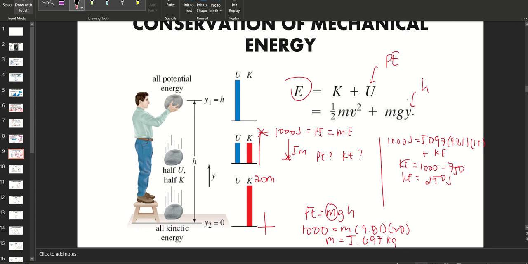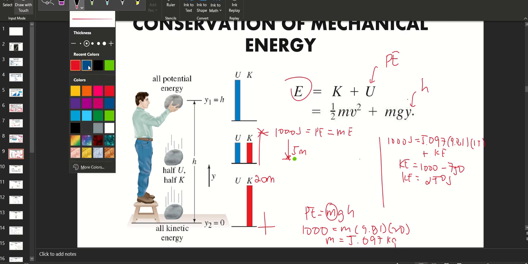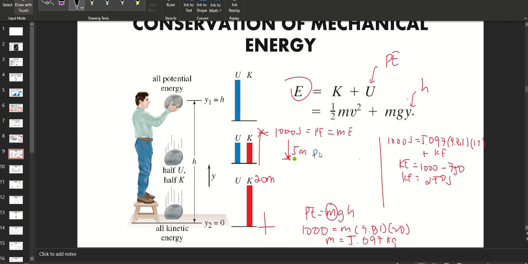So at this point, our potential energy is 750 joule and our kinetic energy is equivalent to 250.